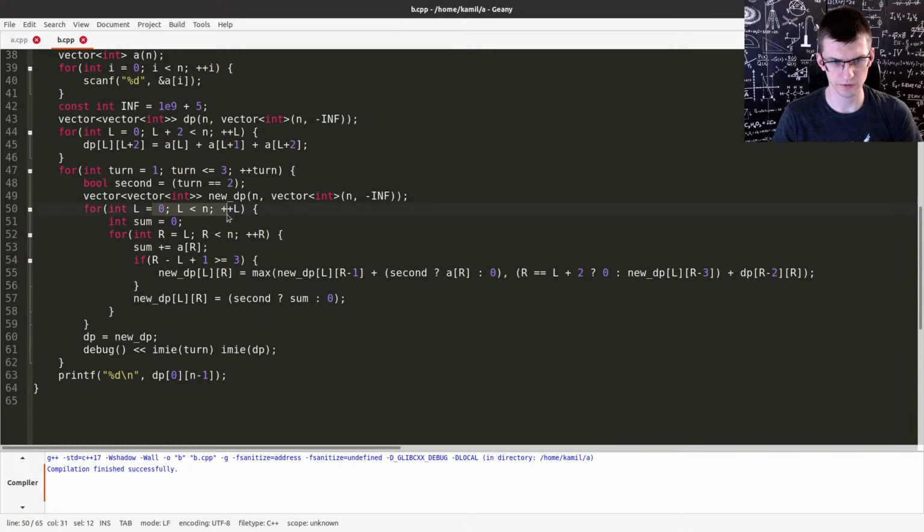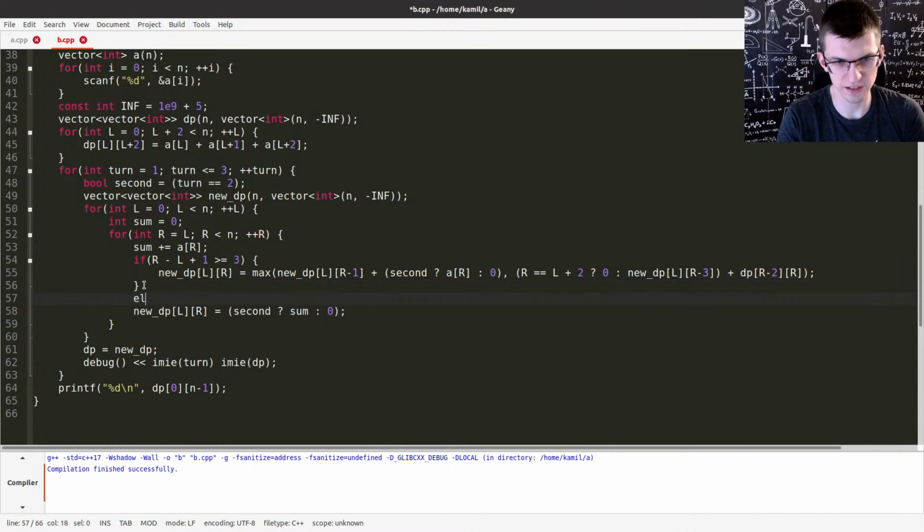For every interval from L to R, sum will be the sum of values from L to R. If the interval is long enough, including everything from 0 to n minus 1, new DP is a maximum of everything up to the second last element and something. Oh, this is something bad. What is happening? This line is not finished. Oh, it is else.